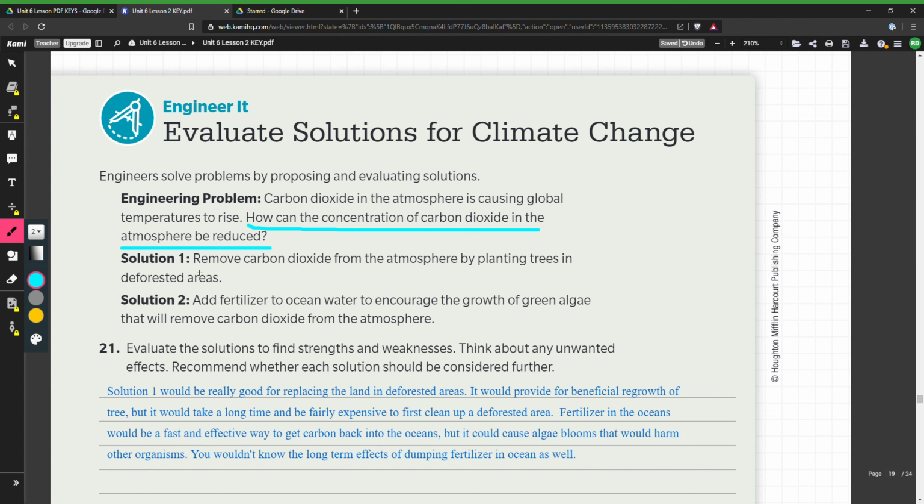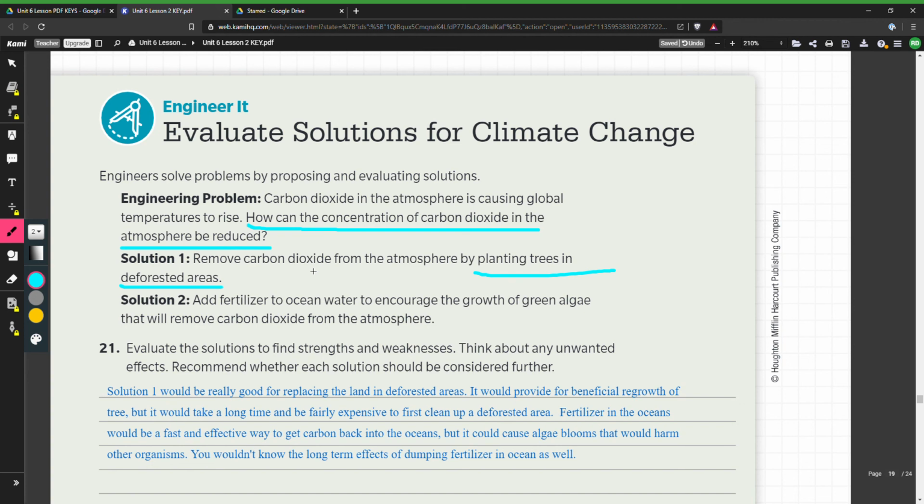Solution one is remove the carbon dioxide from the atmosphere by planting trees in deforested areas. If you plant trees in deforested areas, there's going to be more trees, and the trees are going to breathe in this CO2 and use the carbon in the CO2 to make the actual tree, right? Trees are made from carbon in the air, not from dirt.